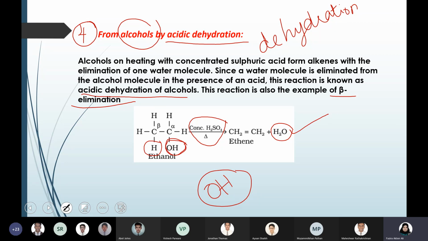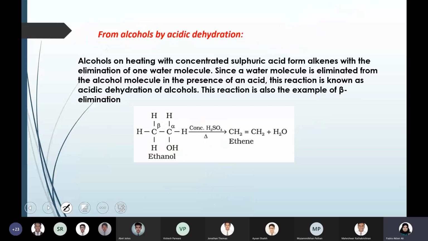So removal of water is dehydration, and this mechanism is beta elimination, because hydrogen is moving out from the beta position. That is why, as I said, alpha and beta are common terminology, not only for halogen or alcohol, but for any functional group. The carbon directly attached to the functional group is alpha, and the neighboring carbon is beta, and hydrogen will always go from the beta position.